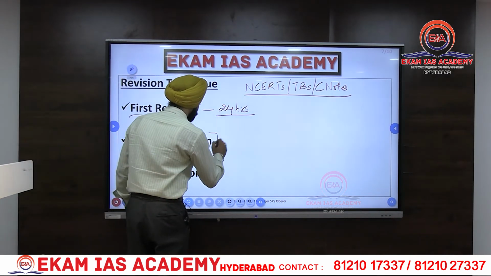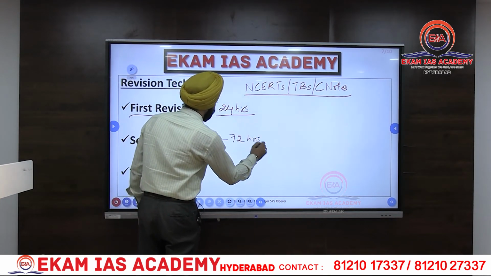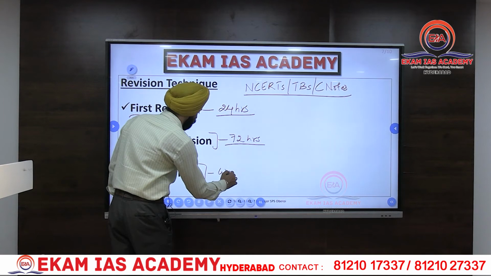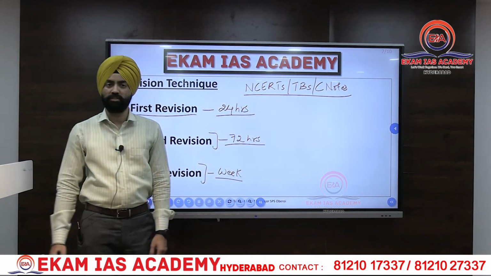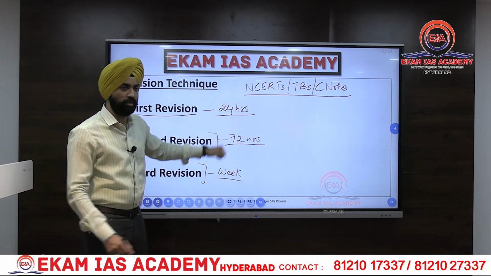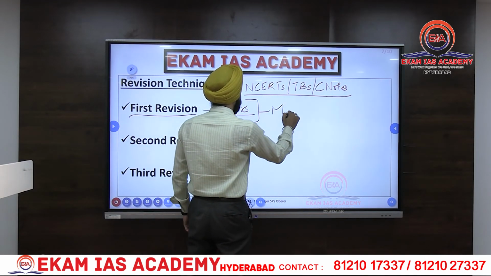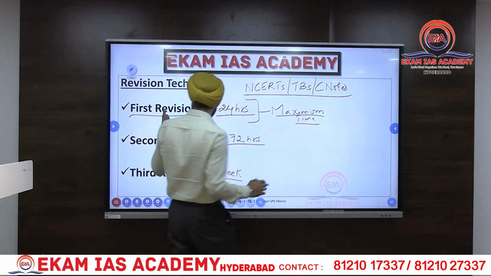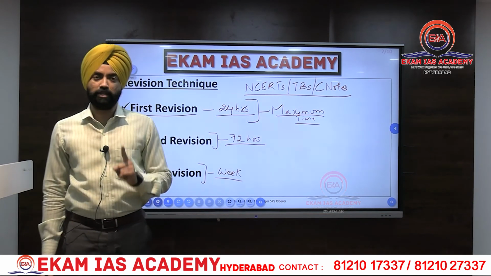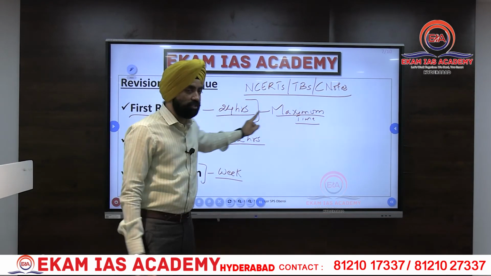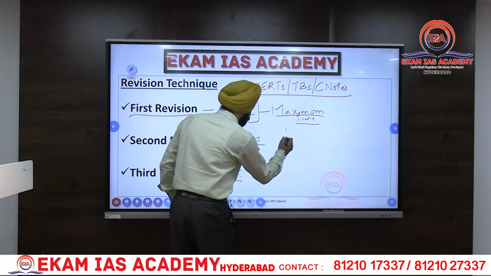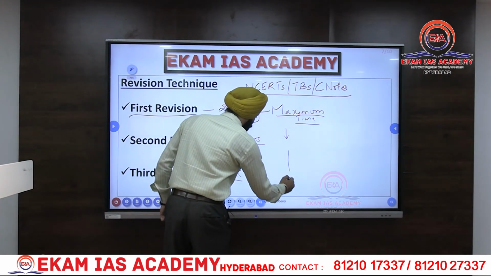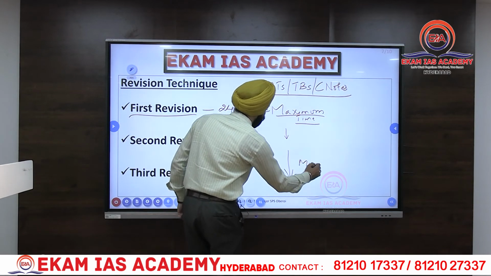The second reading should be completed within 72 hours, and the third revision should be done minimum within a week. And you will also notice that when you are trying to revise, the first revision will take the maximum time. Though it is closest to the time of your lecture, the maximum time consumption happens for the first revision, and the second revision will take considerably less time, and the third revision, which is after a week, will take much less time.